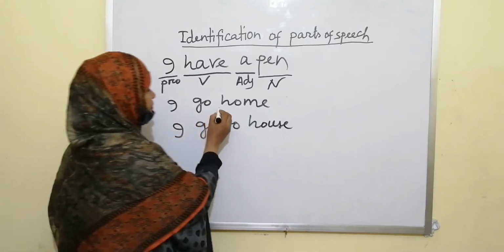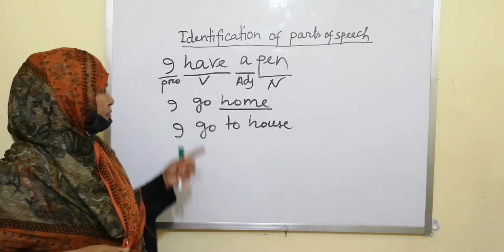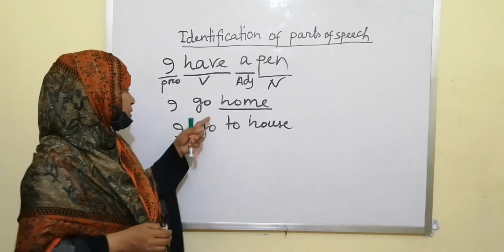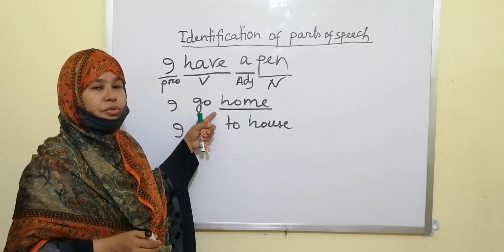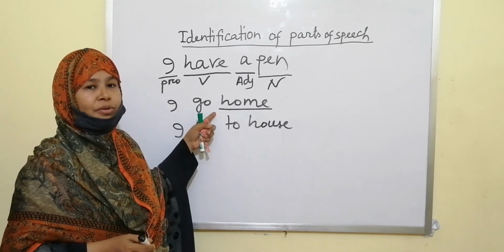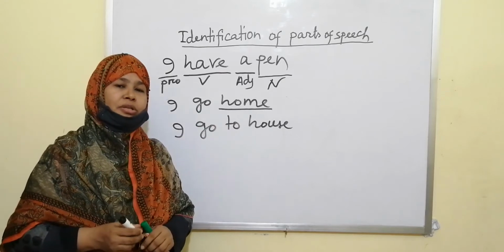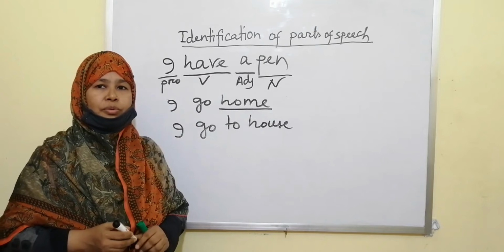Dear student, I underline home. Dear student, if I ask you home is which part of speech, you all answer I think home is noun, but in the sentence home is not noun here. In the sentence home is adverb here.